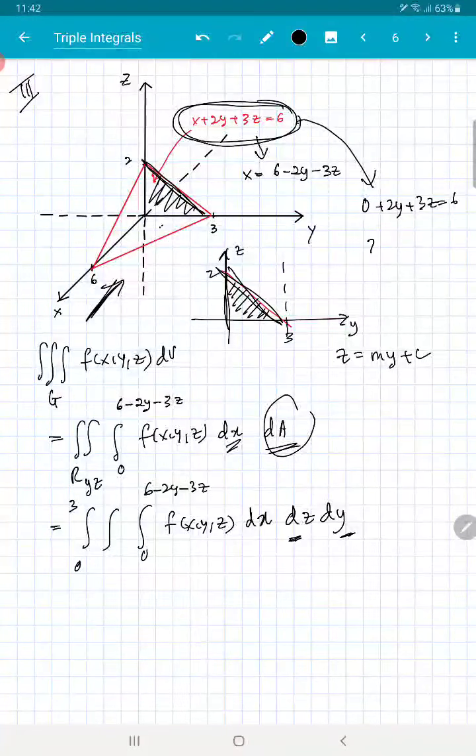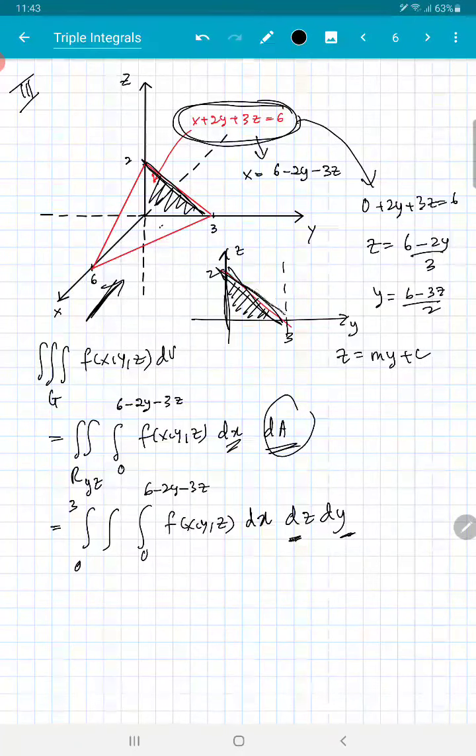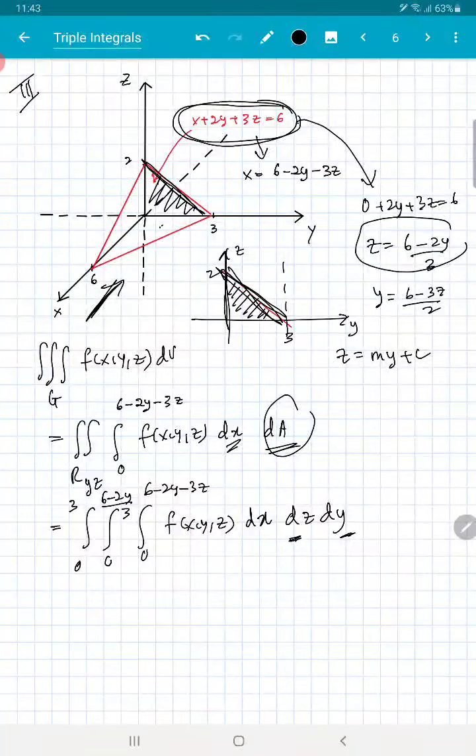Then you can write z as a function of y, so z is going to be 6 minus 2y over 3. Or you can write y as a function of z, so y is going to be equal to 6 minus 3z over 2. Both of them represent this line. If we write it as dz and then dy, we're going to use this equation. So it's going to be 6 minus 2y over 3, and the lower limit is 0.